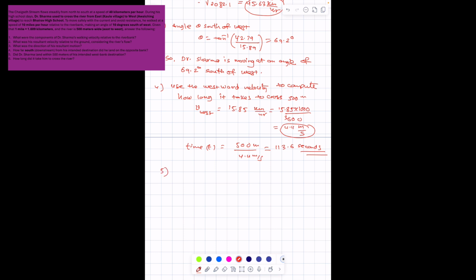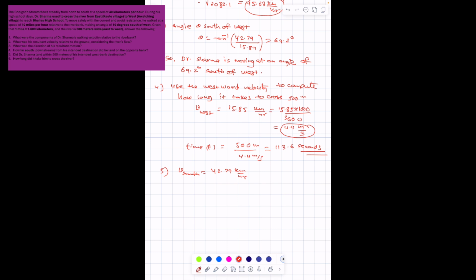There is another question, number 5. How far should Dr. Sharma drift during that time? For that you need to use the southward velocity, because the drift comes from southward, right? So here you have to take the velocity along the south, which is equal to 42.79 kilometer per hour. You get the river flow speed plus Dr. Sharma's southward component of velocity.